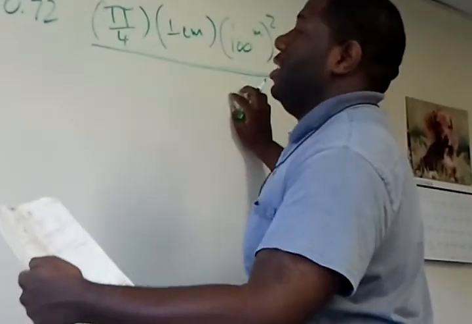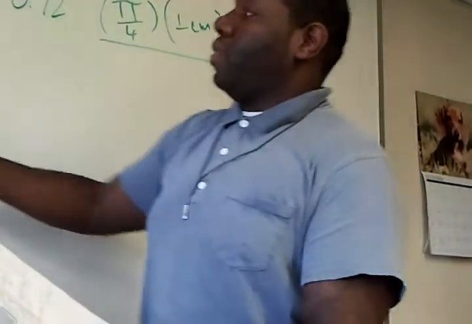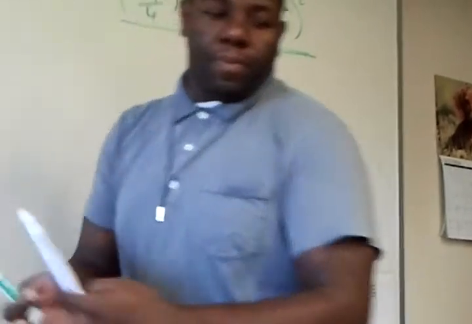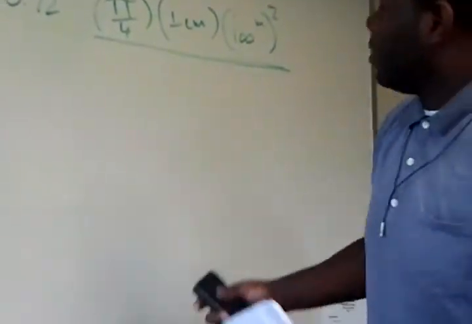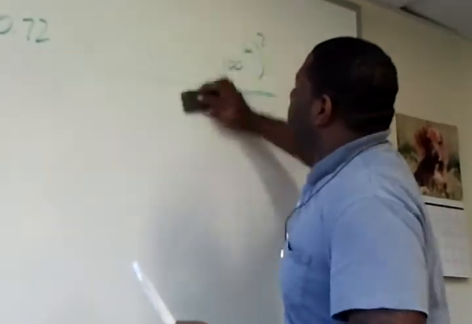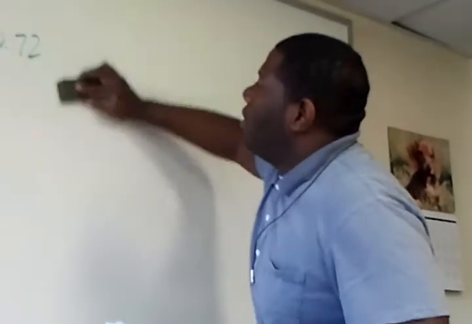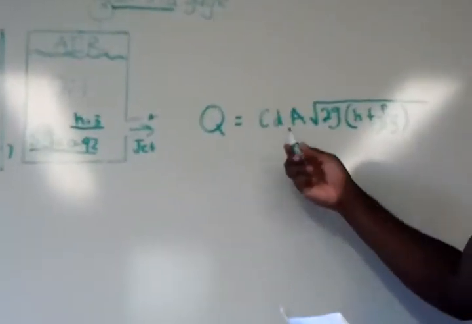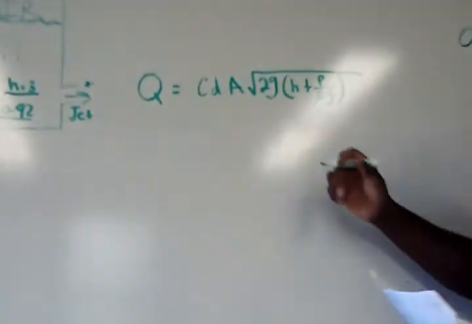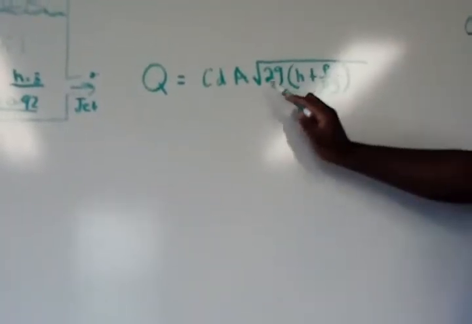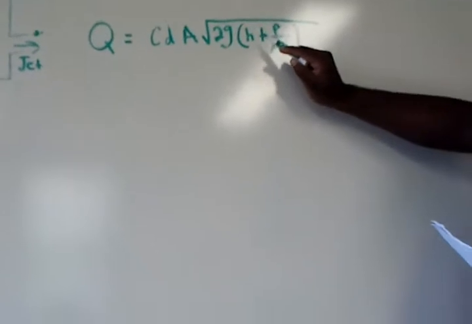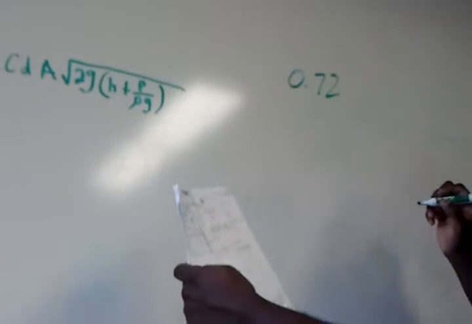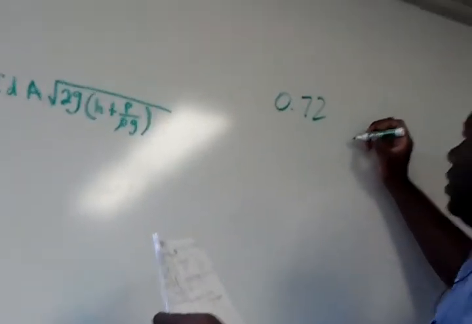The coefficient of discharge is equal to CD times A. I'm going to erase that. Now that we have our coefficient of discharge times the area, we can move on to the square root of 2g times height plus pressure over density. That's going to look just like this, sort of a plug and chug type of method.